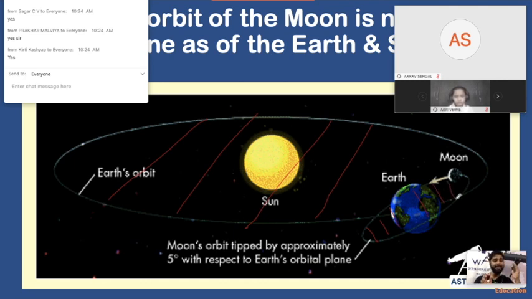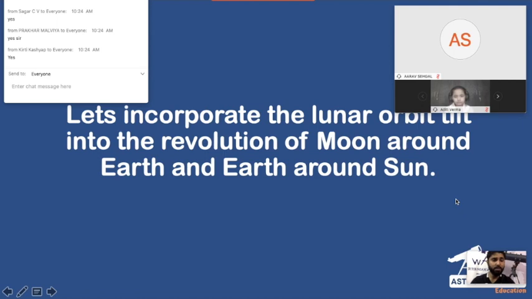Now let's incorporate this into the previous video and see another video where the moon is going around the earth and the earth is going around the sun, but considering the tilt in the moon's axis. Like if this is the plane of earth's orbit, this scale, the moon's orbit is actually tilted like this, right? It's slightly tilted.